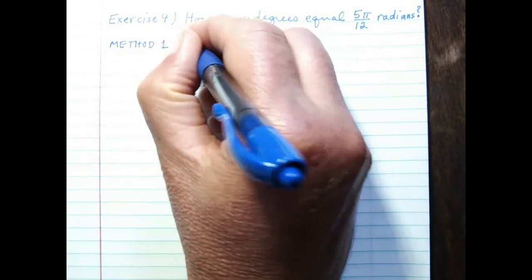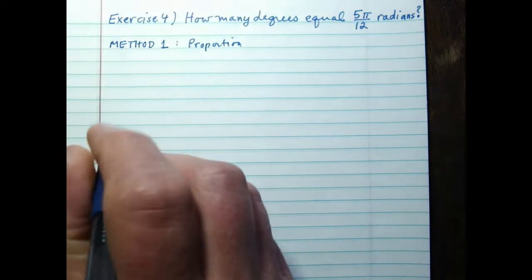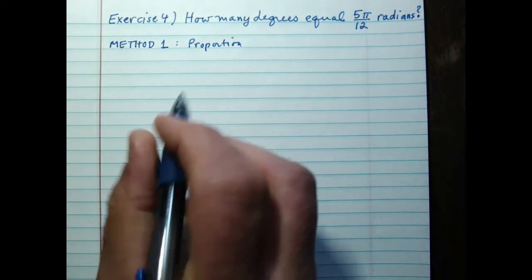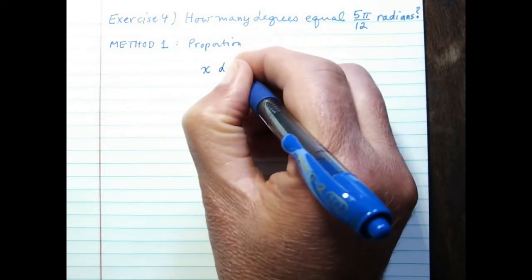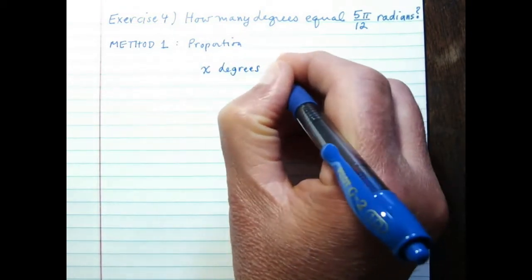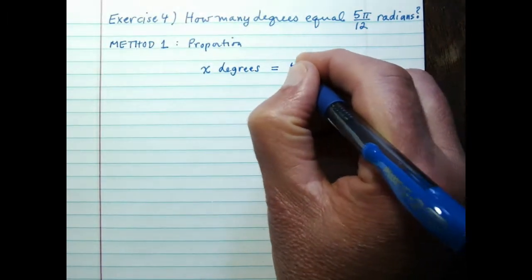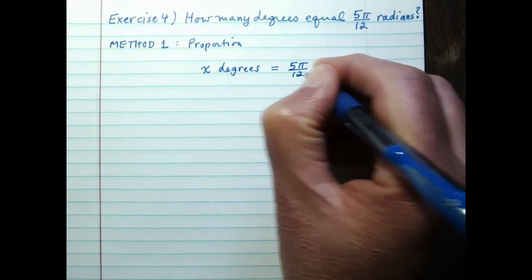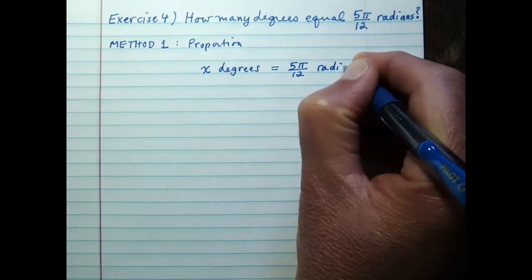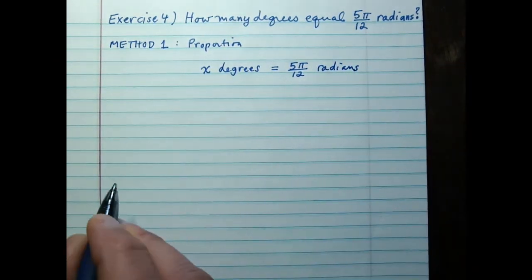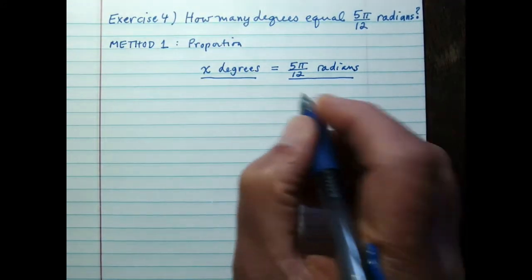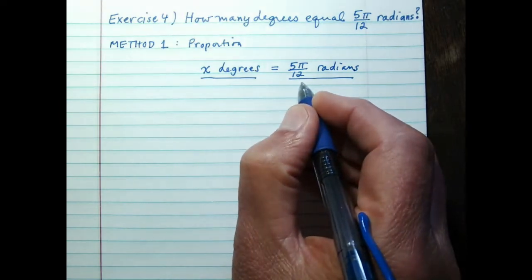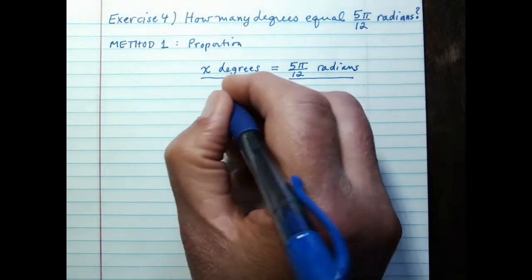which involves a proportion. I want to find out how many degrees, so I'm going to write x degrees equals 5 pi over 12 radians. And then I'm going to set up fractions in my proportion now, where the denominators give a relationship that I know.